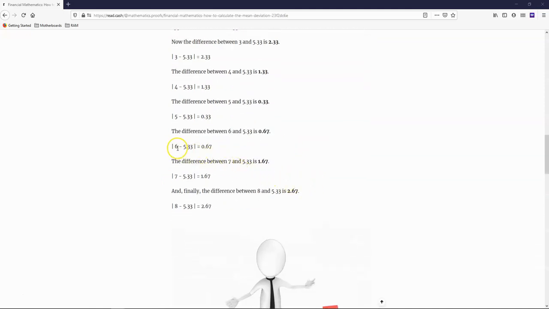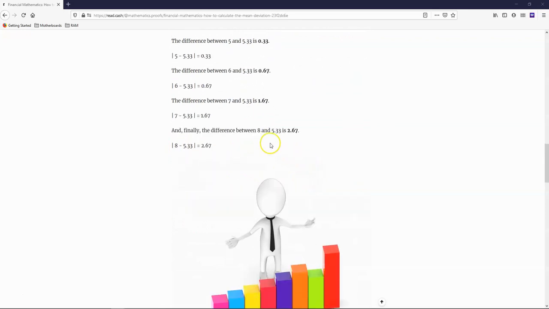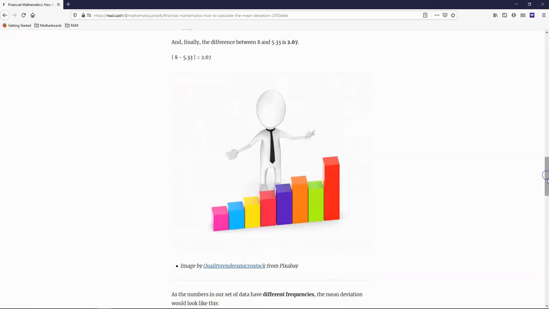The difference between 6 and 5.33 is 0.67. The difference between 7 and 5.33 is 1.67. And finally, the difference between 8 and 5.33 is 2.67.